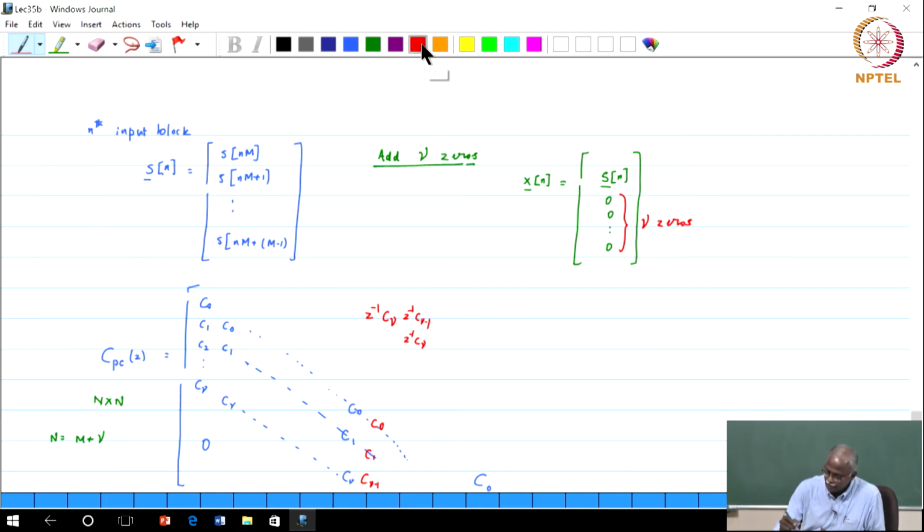The rest of the entries are Z inverse C1, Z inverse C2, dot dot dot, Z inverse C nu. Okay.